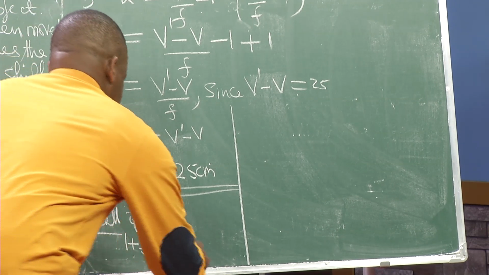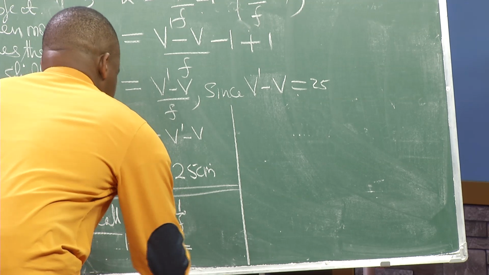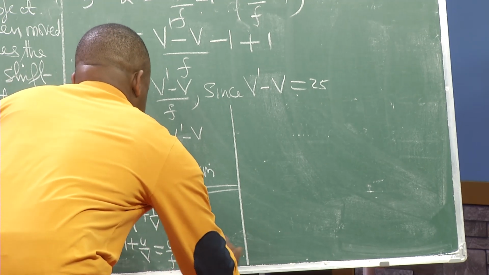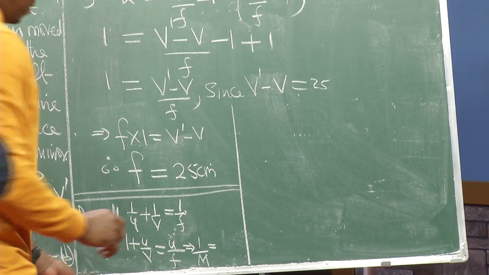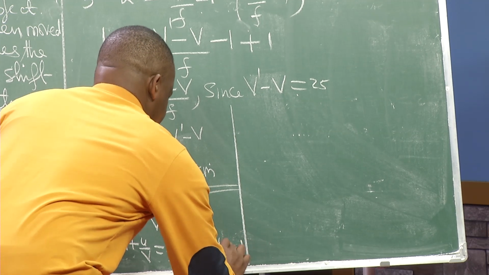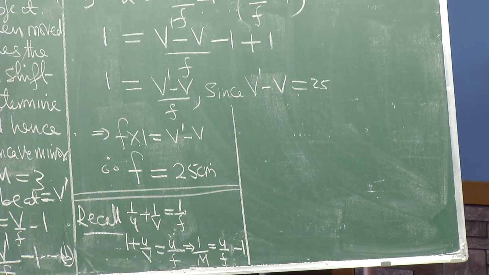And this implies that u over v, which is 1 over m, will be equal to u over f minus 1. We looked at that formula.